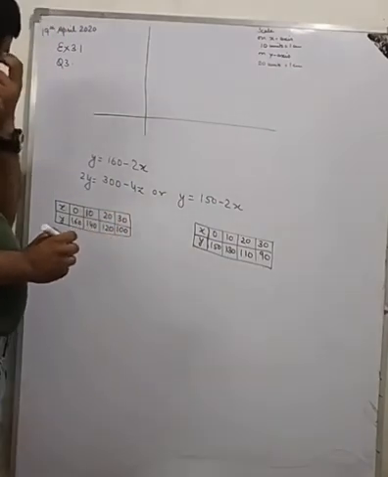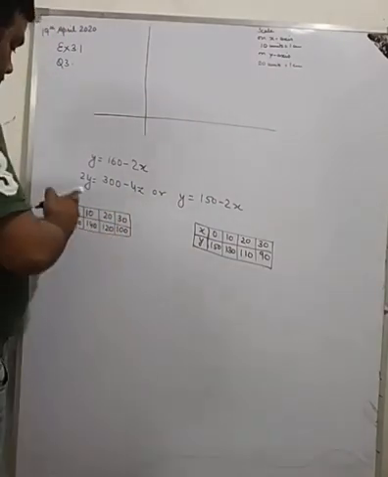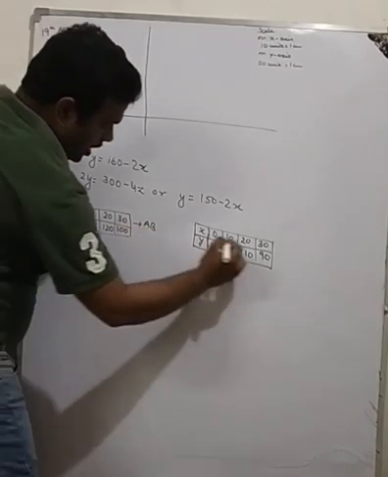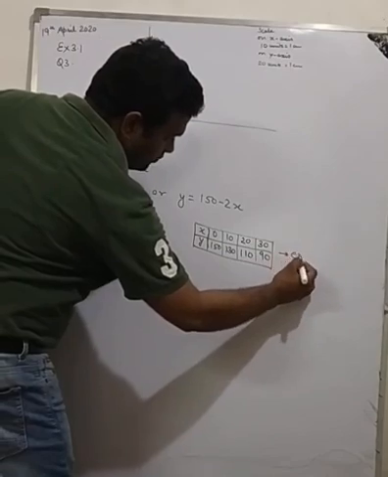So for the first, let this line segment be AB and this line segment be CD.